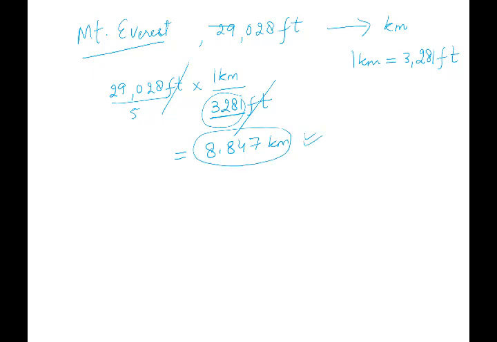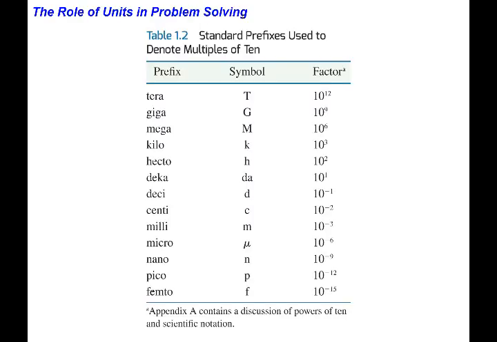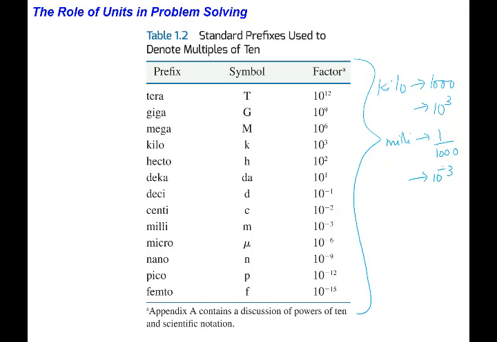Okay, so this is how you do the unit conversion problems. I think you'll get enough practice in the lab to work on it. Apart from this, I also want you to remember 3 important units. One is kilo. Kilo is always 1,000, which means 10 raised to the power 3, and milli, which is the opposite of this, 1 by 1,000th, and that means 10 raised to the power minus 3.